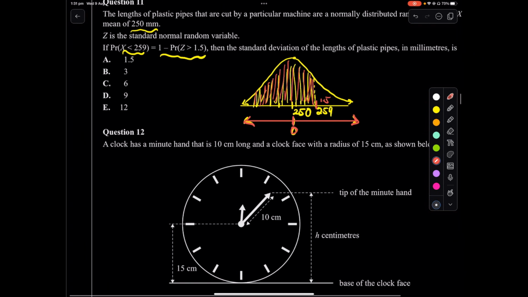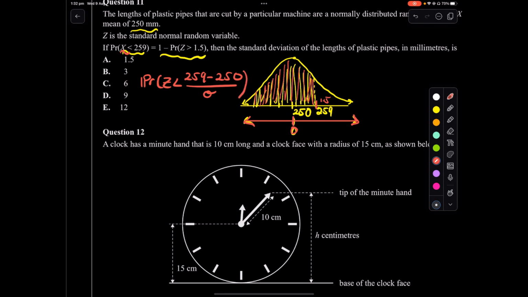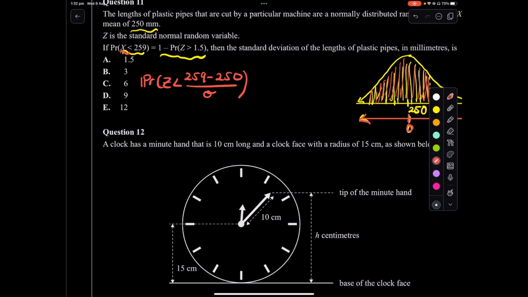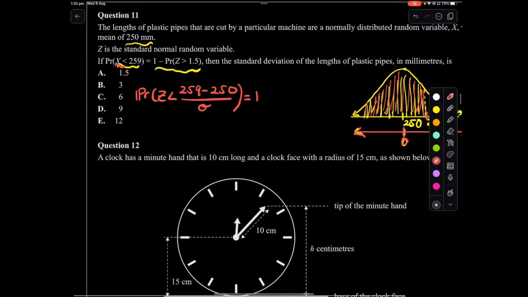So to do that, we now know that the probability of z less than 259 minus your mean, which is 250, all over your standard deviation, is equal to 1 minus the probability of z greater than 1.5.